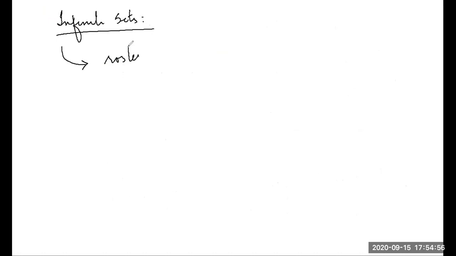As I had mentioned in lecture 1, there's a difficulty in expressing infinite sets in roster form. Sometimes we can do it, sometimes it is impossible. So let's see the cases.